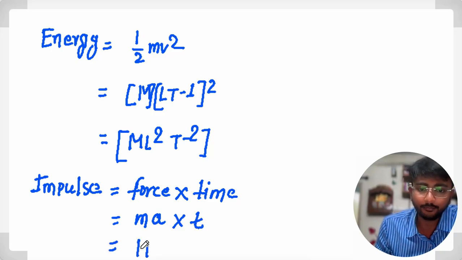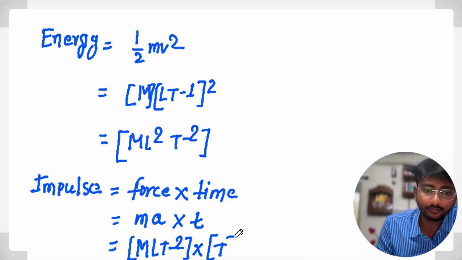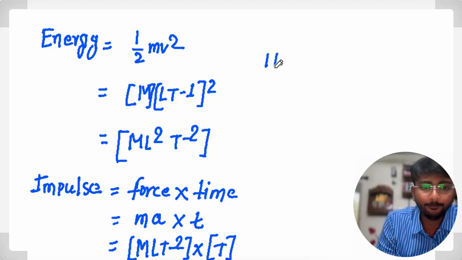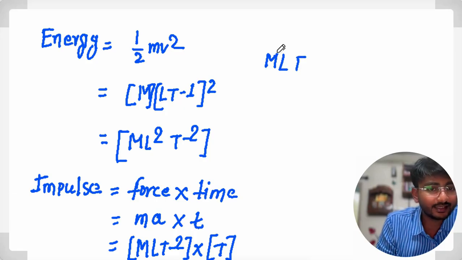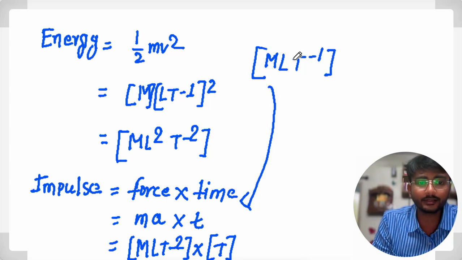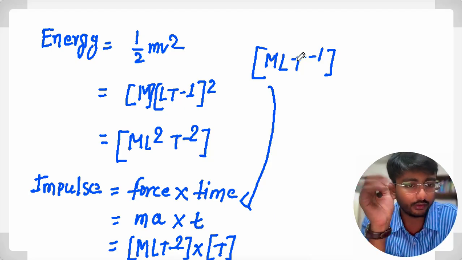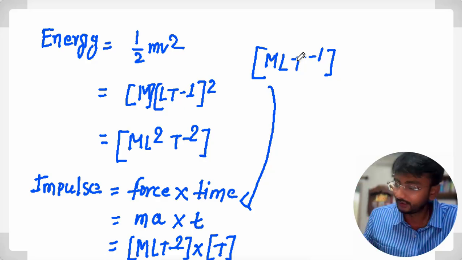So from here it will be mass, that is m, acceleration, that is L t to the power minus 2, into time, that means t. So this becomes m L t to the power minus 2 plus 1, that means t to the power minus 1. So this becomes the dimension of impulse, m L t to the power minus 1. So this way you can calculate the dimension of any physical quantity, any.